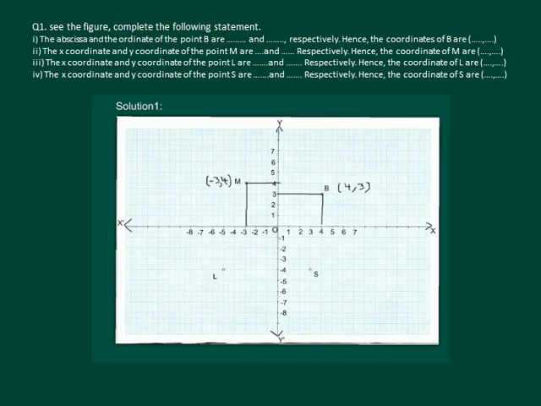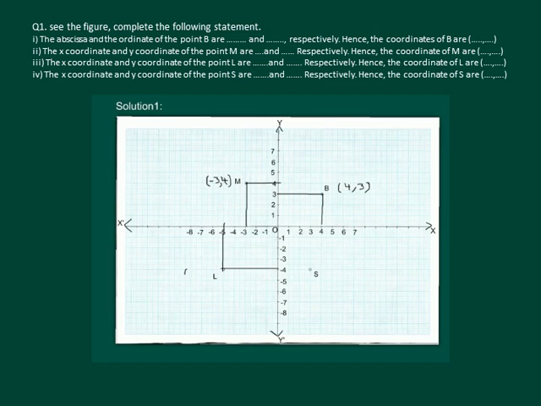According to the third part of the question, we have to find the coordinates of point L. So let us proceed. We draw the perpendiculars on the x and the y-axis and then we see that the distance of point L from y-axis is -5.